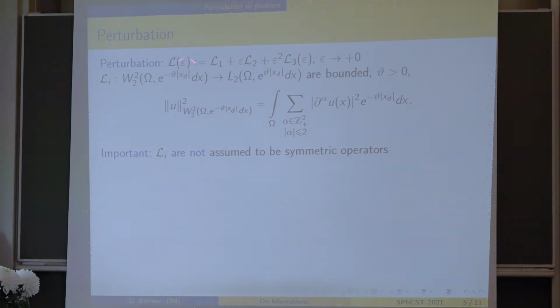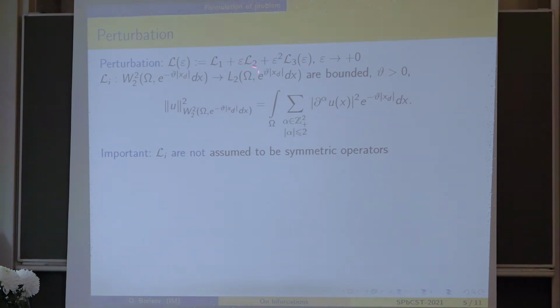Now about these weights. These operators act on some weighted spaces, and actually these are very rigorous definitions, but you don't have to go into big details and try to understand the nature of these spaces. The idea is the following. I have here an exponent with minus. It means that the functions which live in this space can grow at infinity, even exponentially fast, and the border for how fast they can grow is this theta.